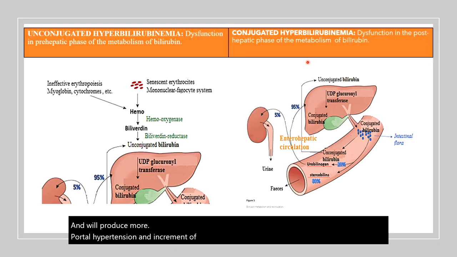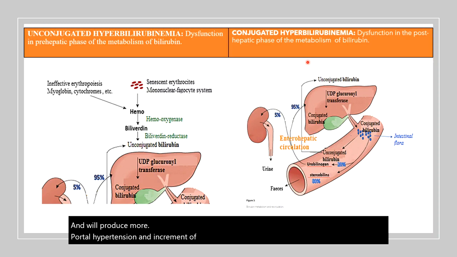Let's talk a little bit about hyperbilirubinemia. We have three phases in the production of bilirubin: a pre-hepatic phase, a hepatic phase, and a post-hepatic phase.